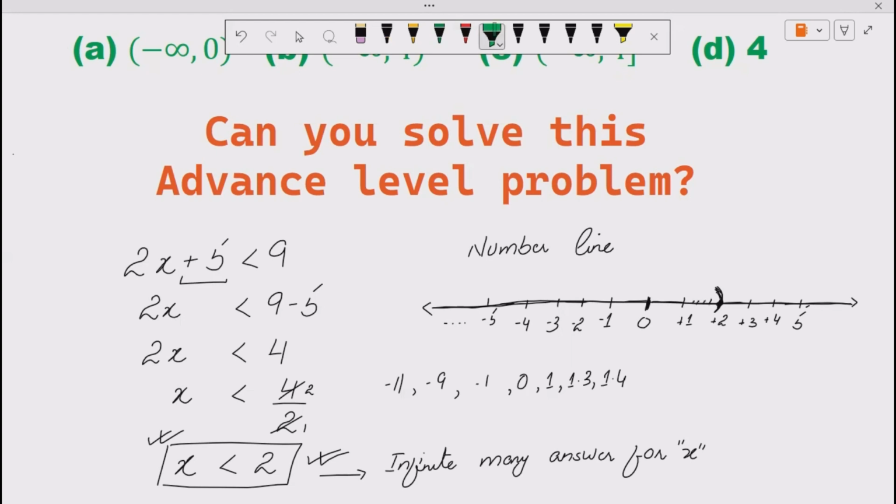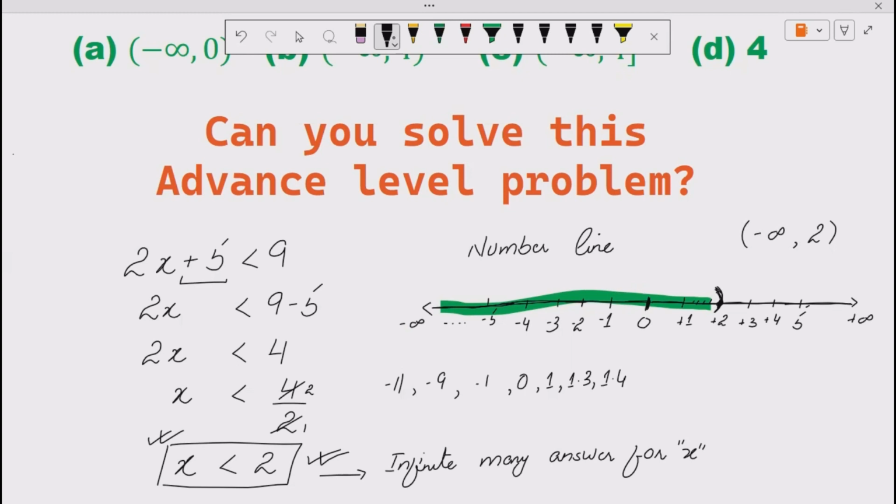At one end it is minus infinity, and at the other end is positive infinity. It means our answer is 2 till minus infinity, right?